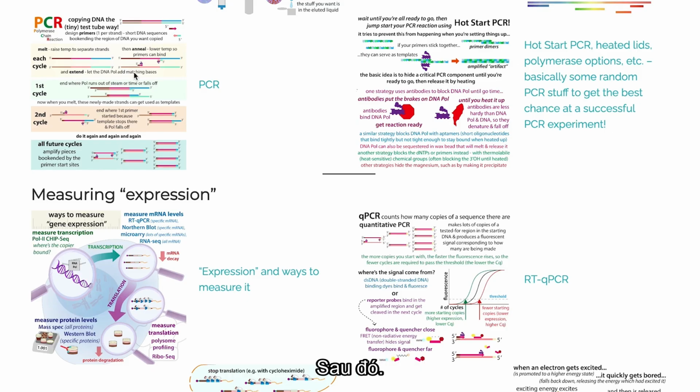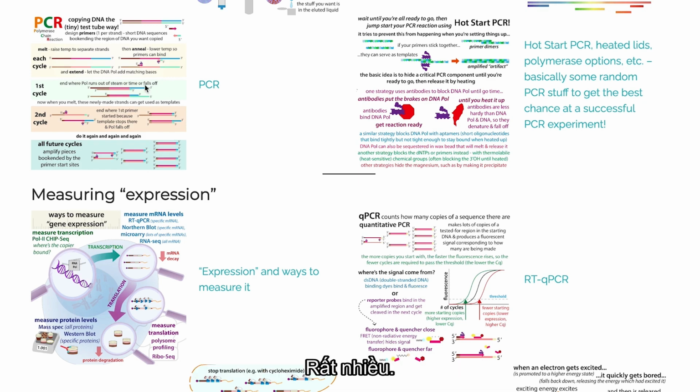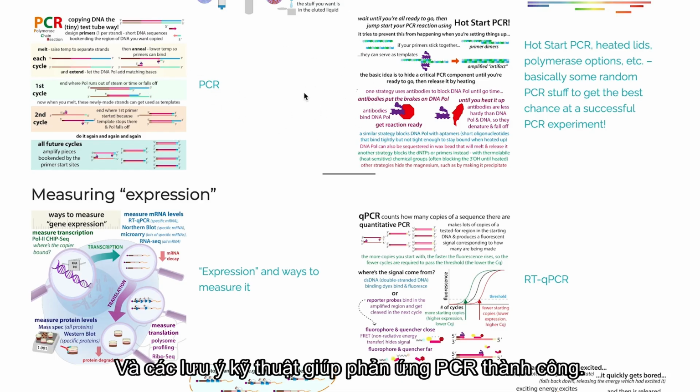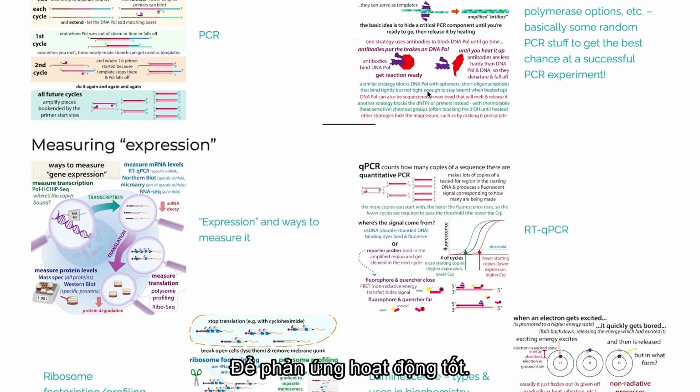You make these primers to bookend that region. Then you mix these with your sample, stick in DNA polymerase, and put it in a machine, and basically it'll make a lot of copies of that sequence. And I have much more on PCR and various technical considerations to making your PCR reaction happy and working.